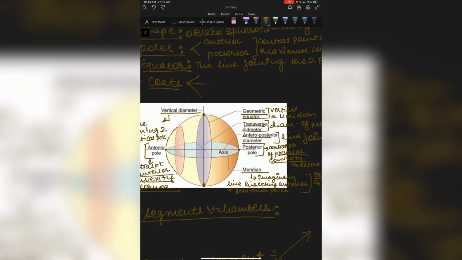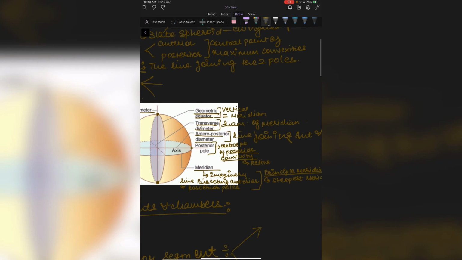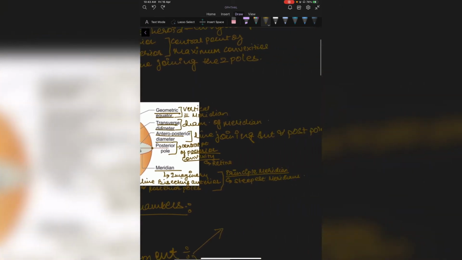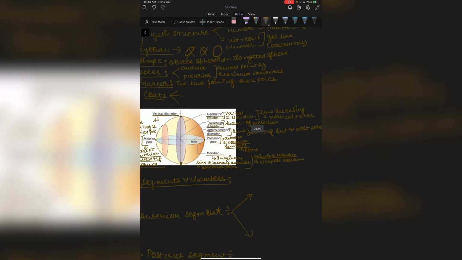Geometric equator is the vertical equivalent of a meridian. What this means is a line bisecting the two vertical poles. So basically it can be defined as a line bisecting two vertical poles, which is your geometric equator.